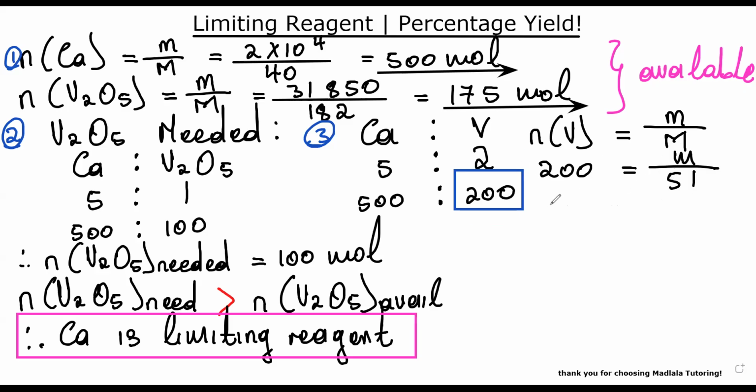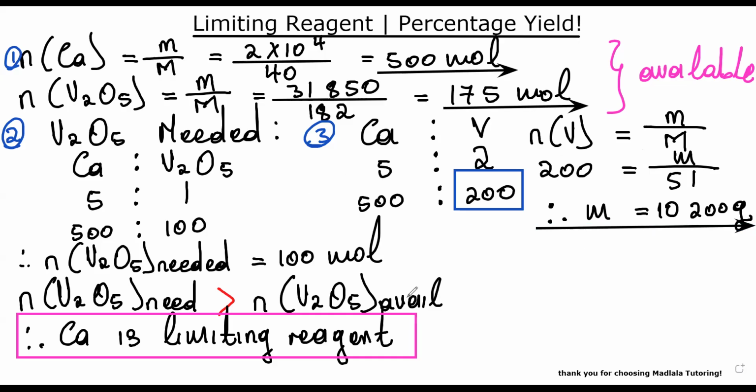Then from this point, you simply cross multiply. Let's see how much you get when you say 200 times 51. Well, you simply get 10,200 grams. So this is the theoretical yield, which is nice.